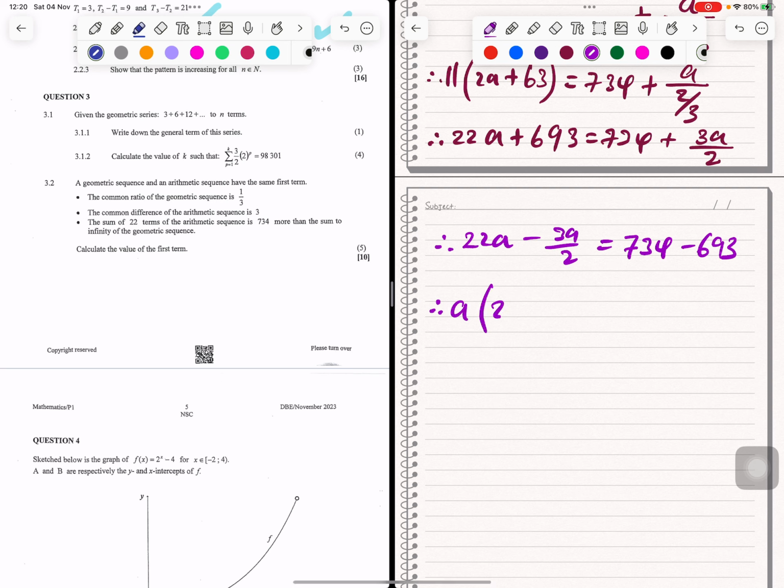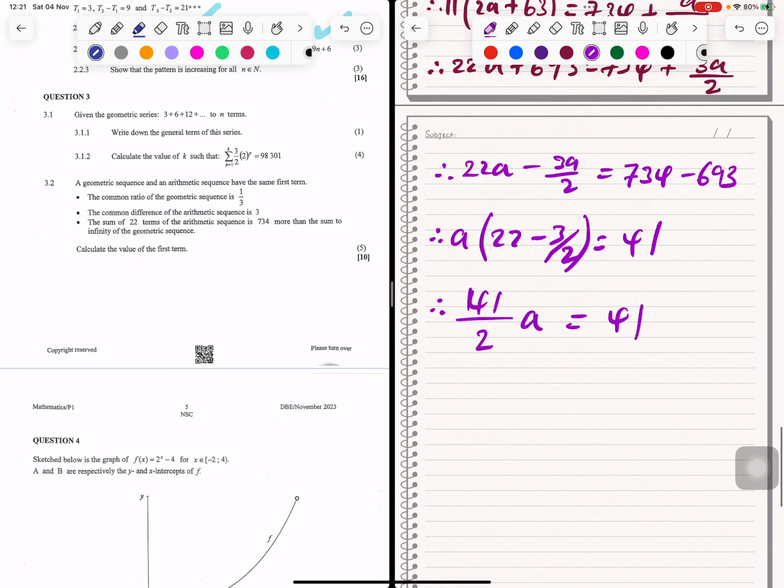So a times (22 minus 3 over 2) is equal to 734 minus 693, which gives me 41. So let's check it again. 734 minus 693. Okay. Therefore, 22 minus 3 over 2 gives me 41 over 2, so 41 over 2 a is equal to 41.